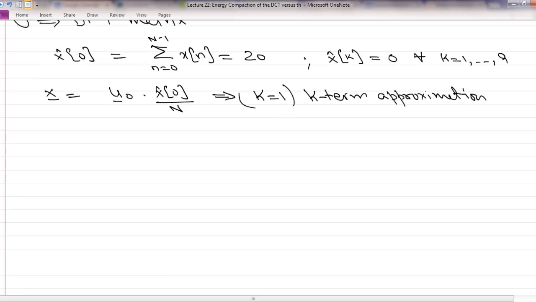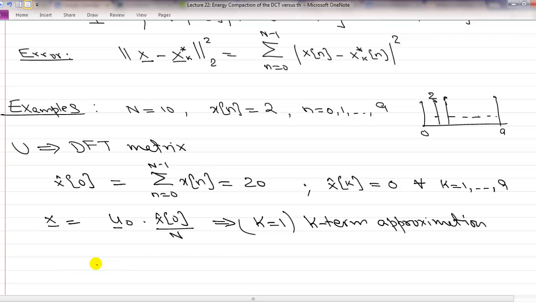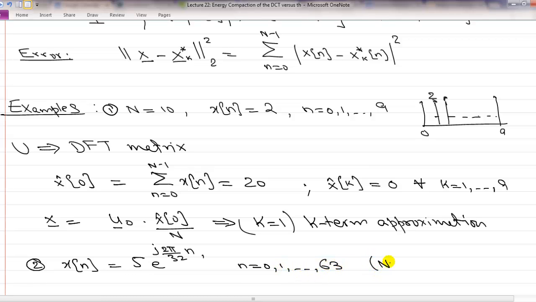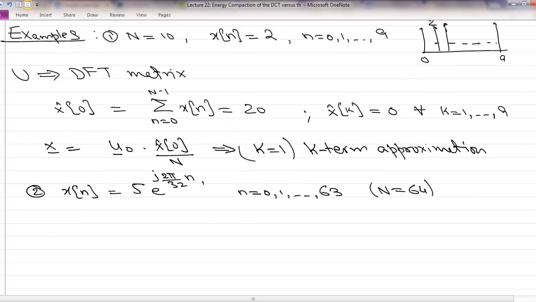Similarly, you can take any other signal, let's say xn. So this is the case where it was a constant. Now take an xn which is a complex exponential. So let's say xn equal to 5 e to the j 2 pi by 32 n, and take capital N to be equal to 64. Okay. Is this compressible or not?